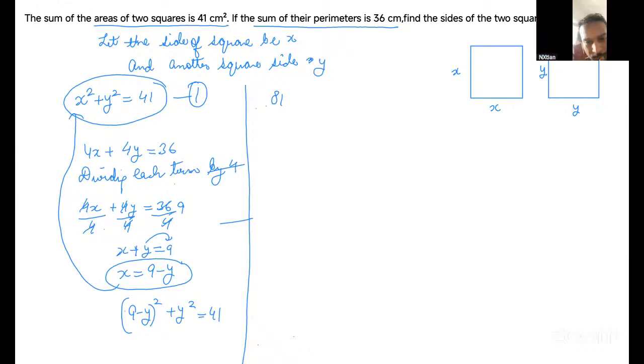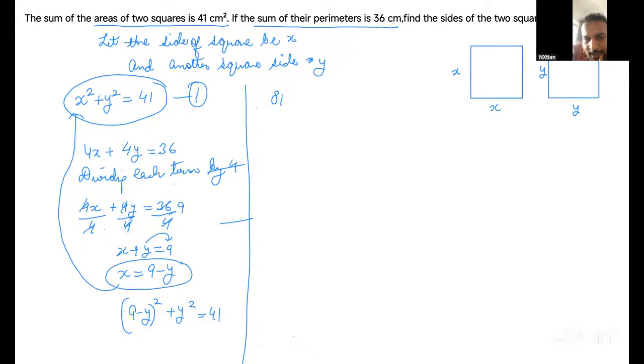From this side, is this correct? And where is the denominator 4? I took it out common.